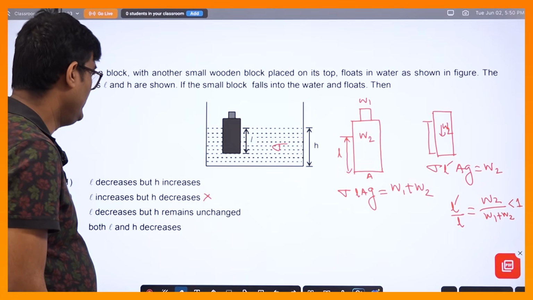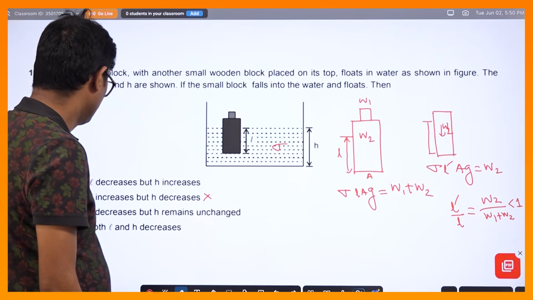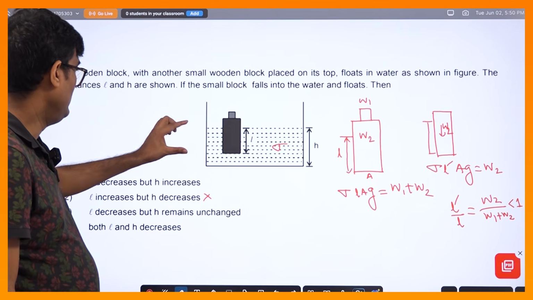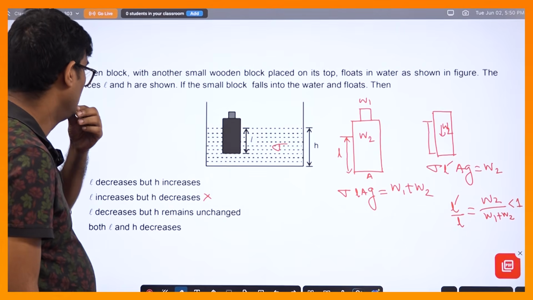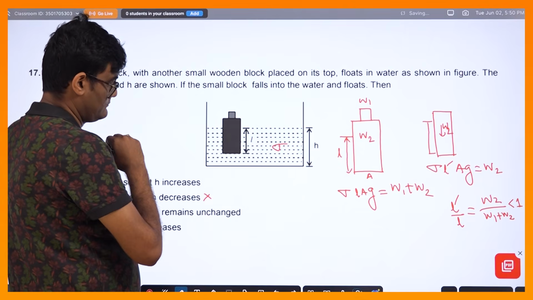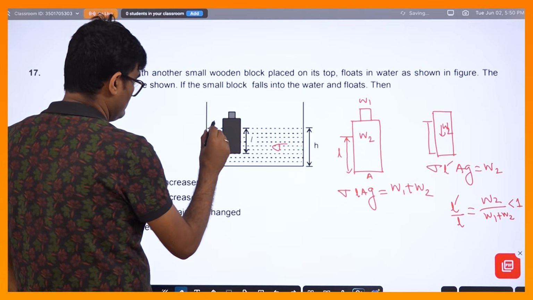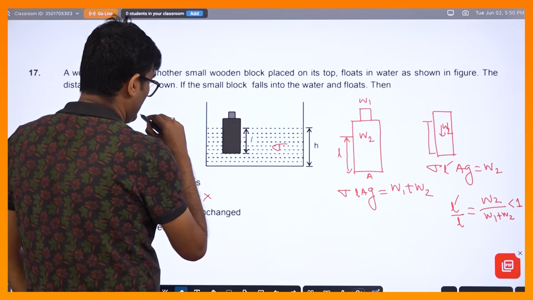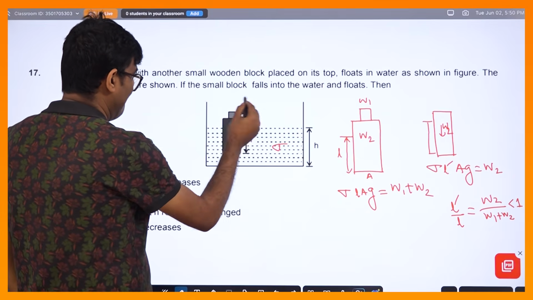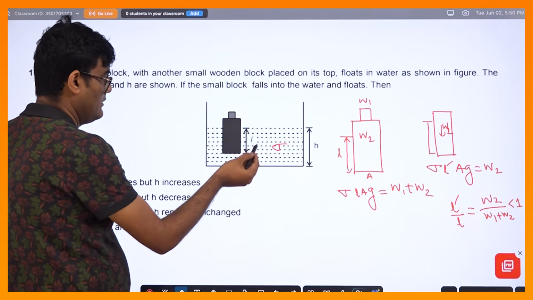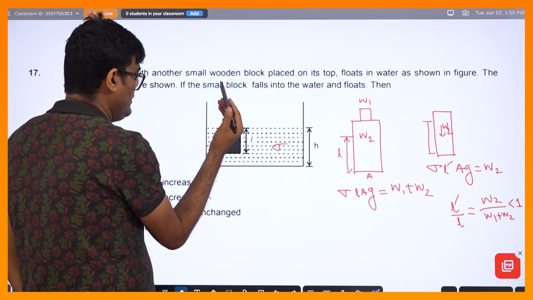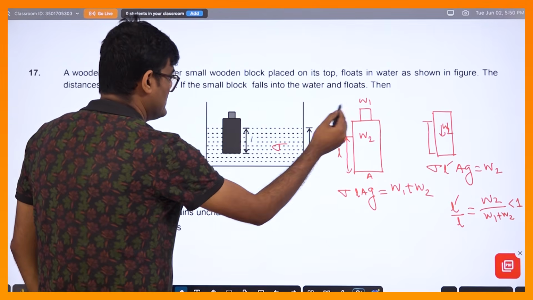What about H, this height level? Now as it falls, water is still giving a buoyant force to this block as well, right?